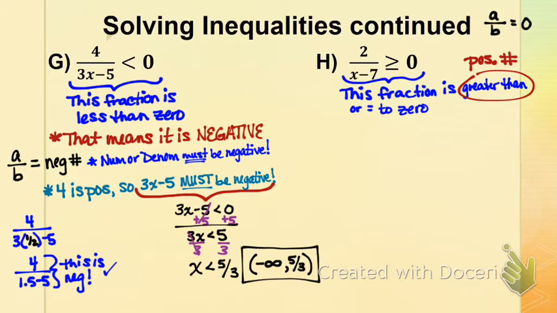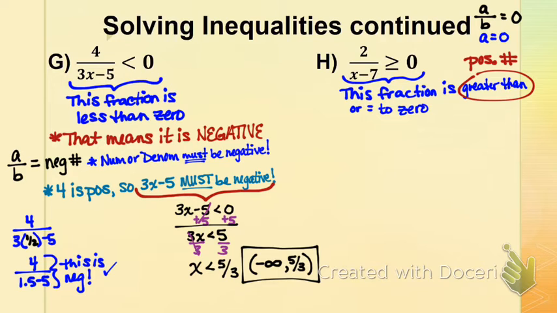A has to be 0, right? Because your denominator is not allowed to be a 0. Can this fraction be equal to 0? Yes. Look at what you just told me. If I have a fraction that's a over b and it's equal to 0, then that means my numerator has to be the 0, right?